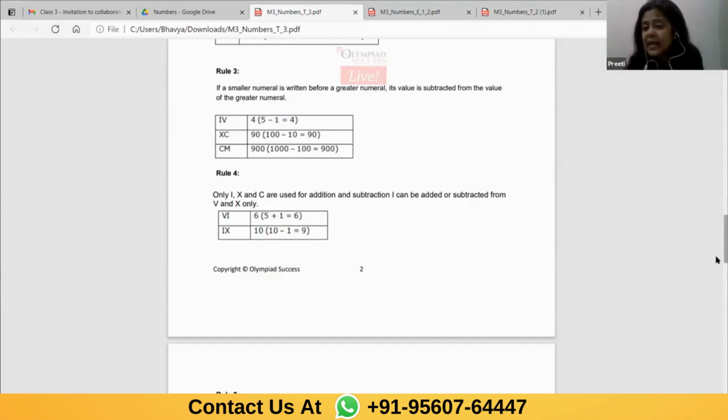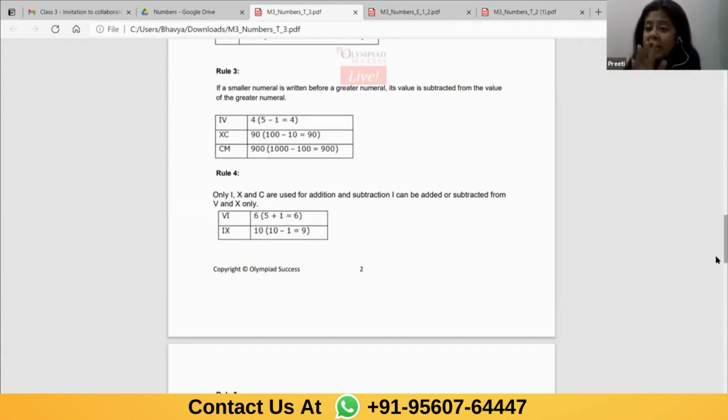Now, the thing is that you can use I with V or X. And you can use it with C also, because C stands for 100. I'll be teaching you this afterwards, once we build on numbers.